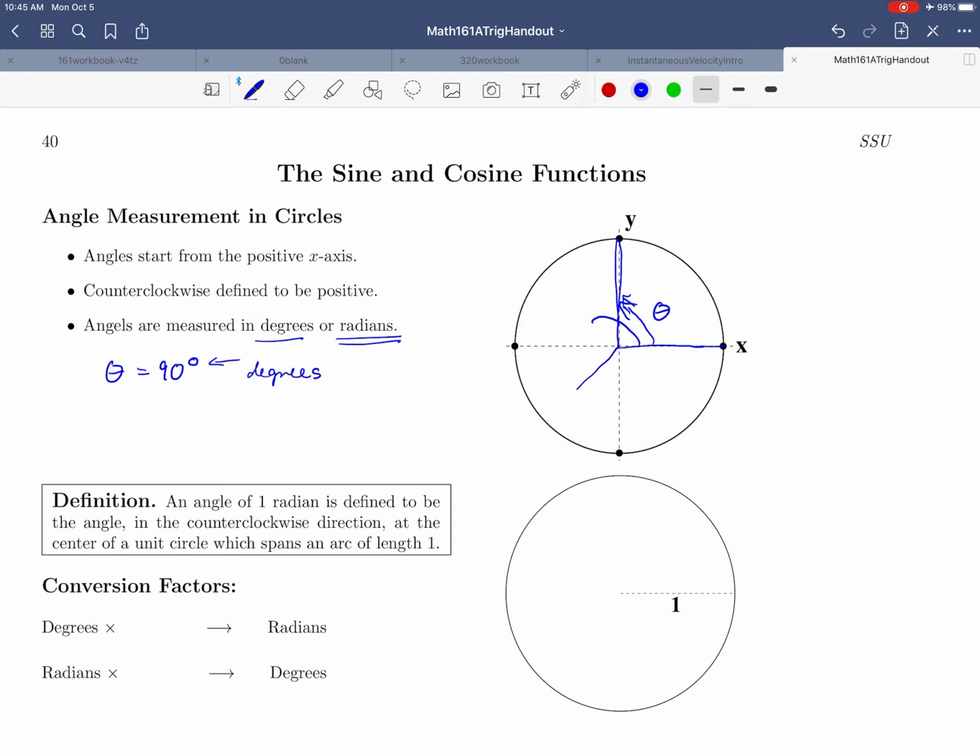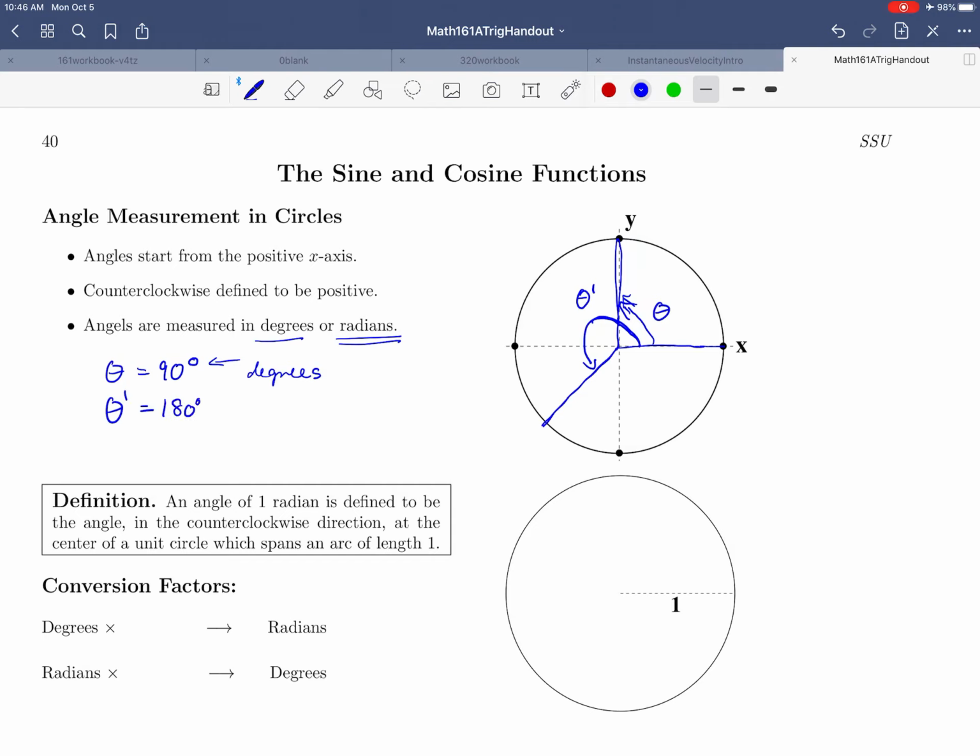We can go beyond 90 degrees. So let's look at the angle that ends over here. It still starts at the x-axis, it goes counterclockwise, and it ends over here. Let me call this angle theta prime. That angle is halfway around the circle, that's 180 degrees, and then another 45 degrees.